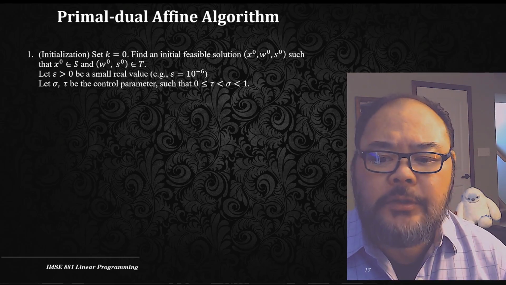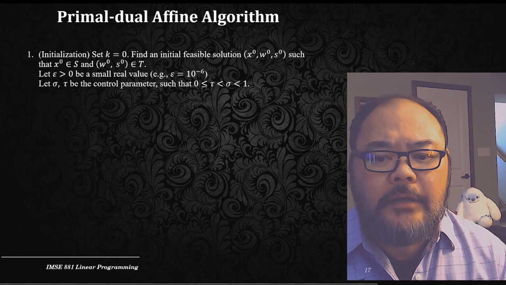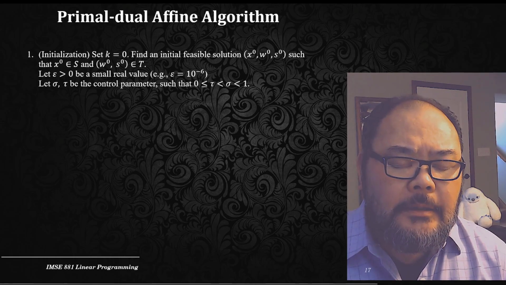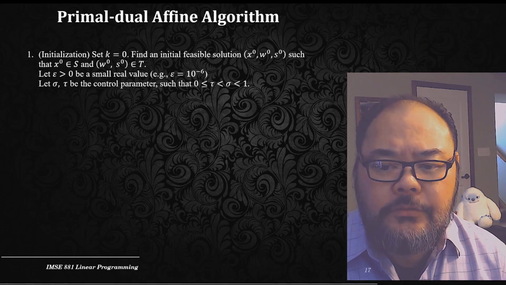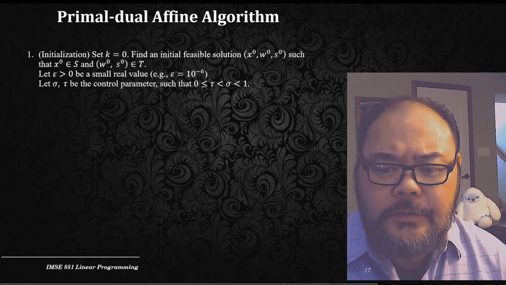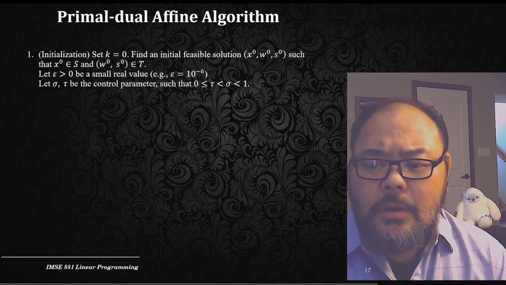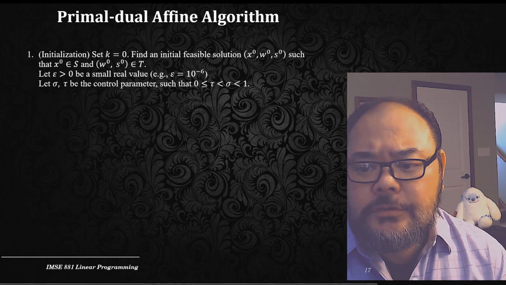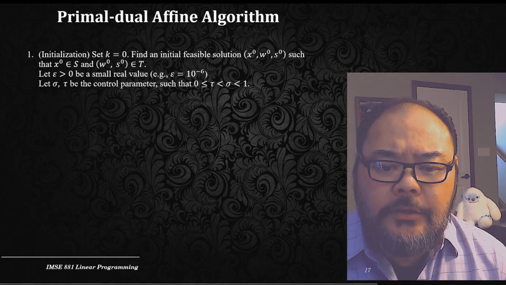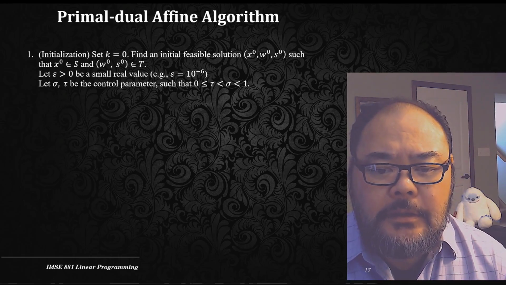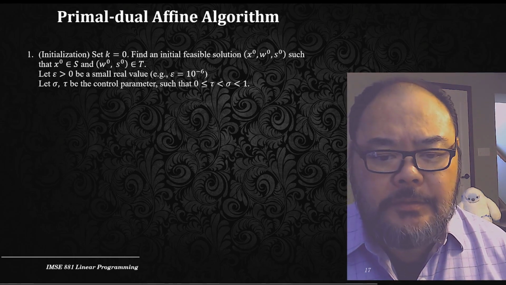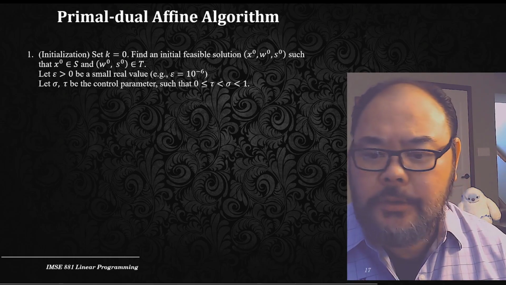This is not really necessary in a primal and dual affine scaling method, but if they are all primal and dual feasible, it is easier for convergence. Also, we set the convergence tolerance epsilon greater than 0, a small real value. Usually epsilon can be set to 10 to the minus 6 or 10 to the minus 3, depending on how close you want to be to a corner point.